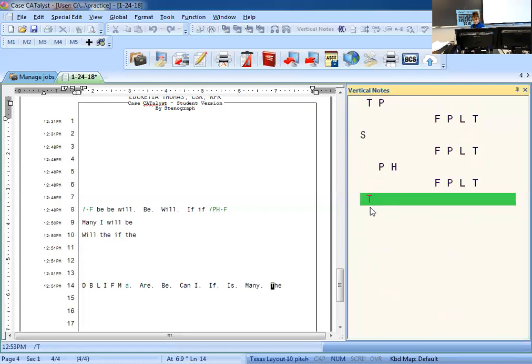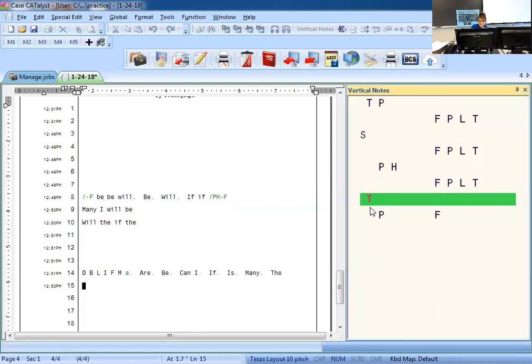And then now we've got some phrases. Notice how I'm writing the phrases, you all. It's together. So are the is RT. You've got if the is FT. You've got is the, ST together. You've got will be is HRB together.